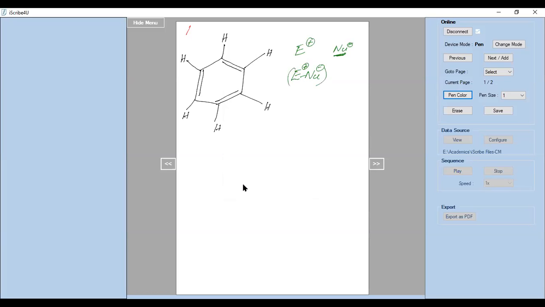Electrophiles are positively charged species and also electron deficient species, for example NO2 plus, Cl plus, Br plus, CH3 plus, etc. and also SO3. Even though SO3 does not have a charge, the sulfur is electron deficient in nature, so it is also an electrophile. Most of the Lewis acids are electrophiles. They are electron deficient species.